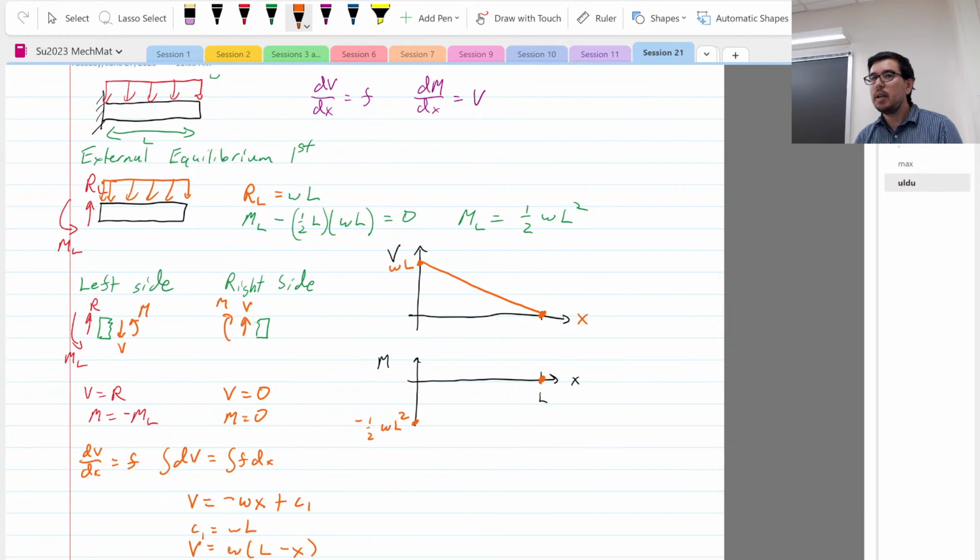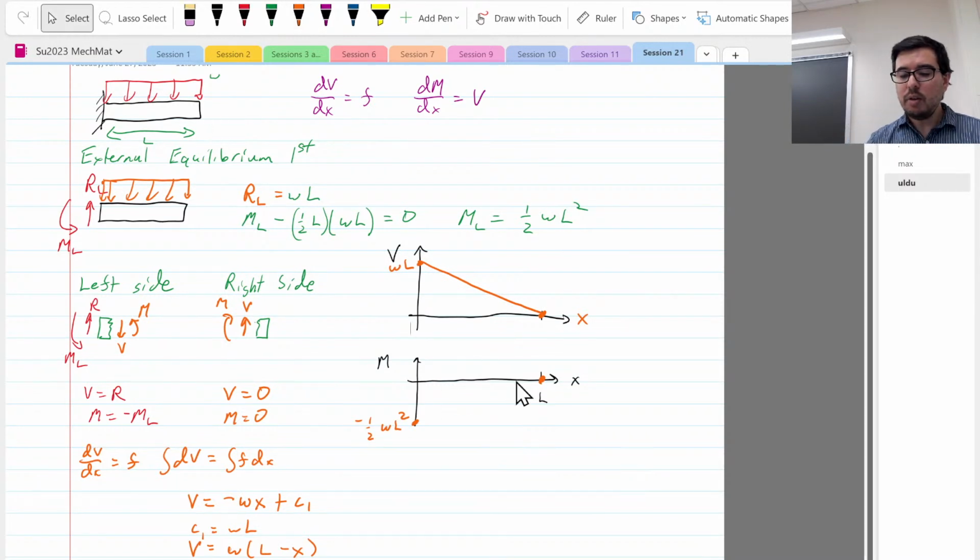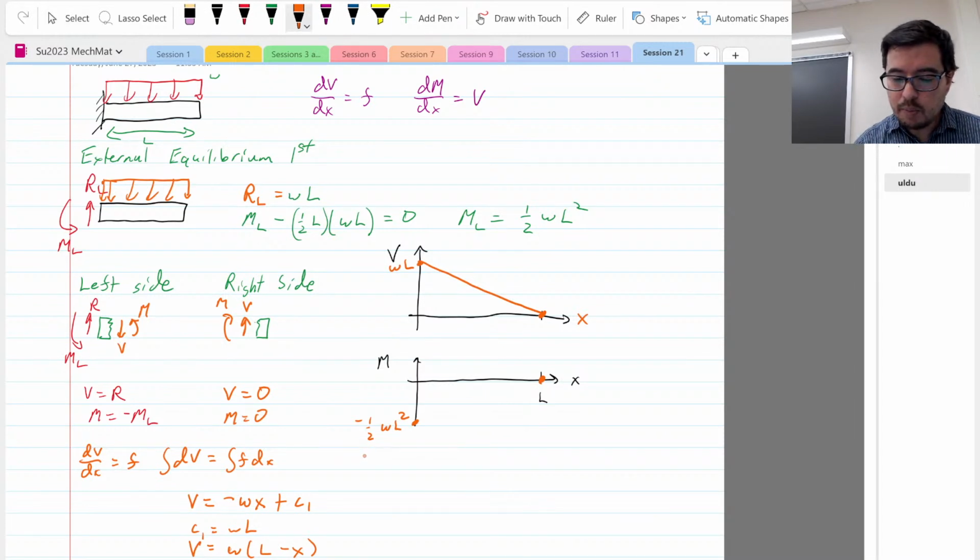And then if we want to do the one over here, we have to use another equation. I'll change colors to make it a little more appealing. dM/dx is equal to V. So that means we can do the integral of dM is equal to the integral of V dx. And so what do we get?